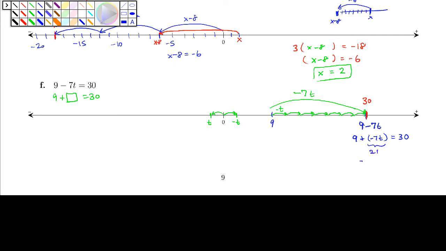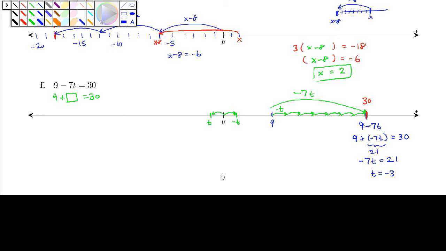So that tells you negative 7t has to equal 21, which means t has to be, what do I multiply by negative 7 in order to get positive 21? It should be negative 3. Okay, so t is negative 3, so the opposite of t would be positive 3.